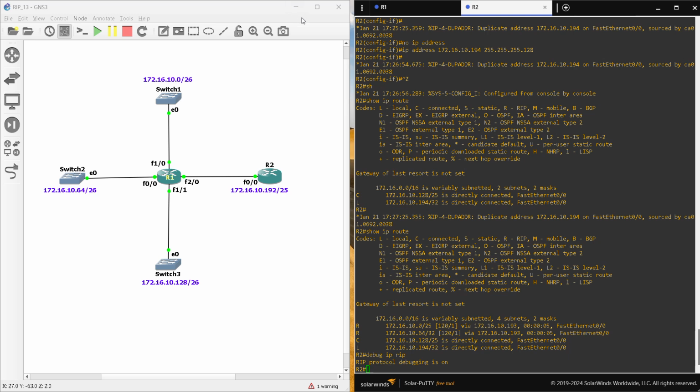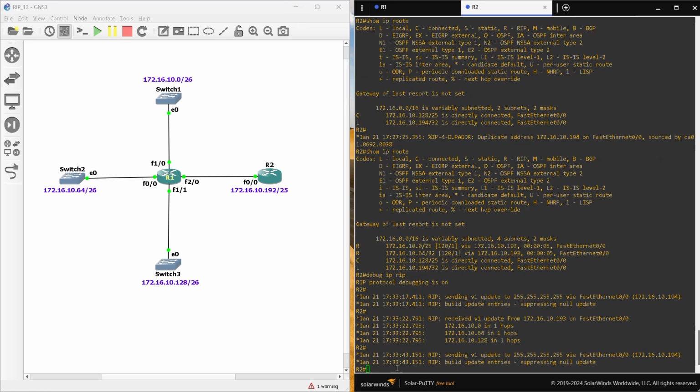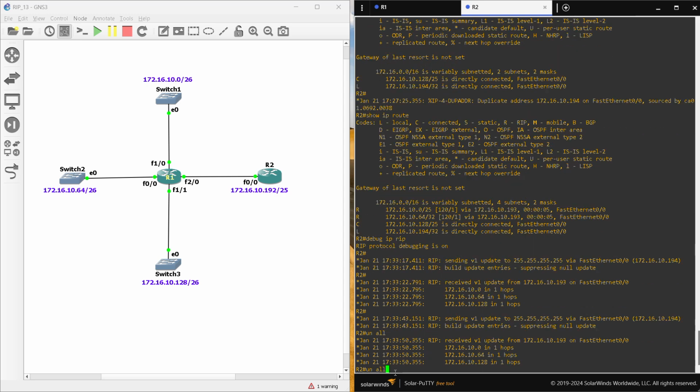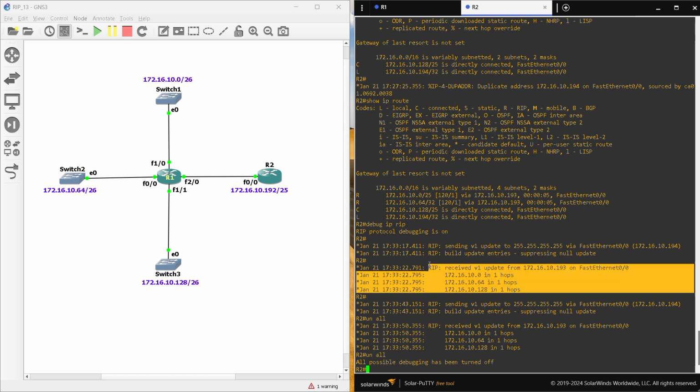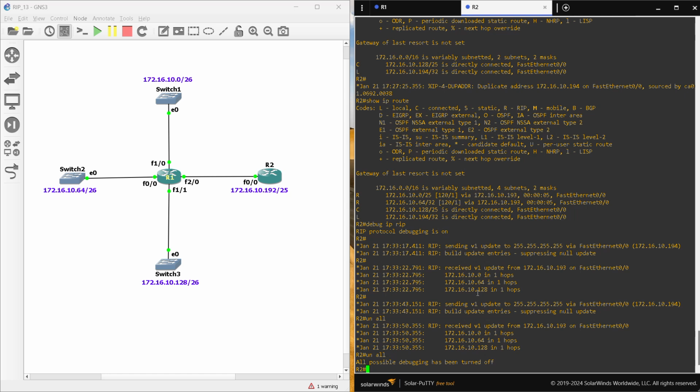Okay, now if you see, router 2 received all of these three, as I told you before: 0, 64, 128.